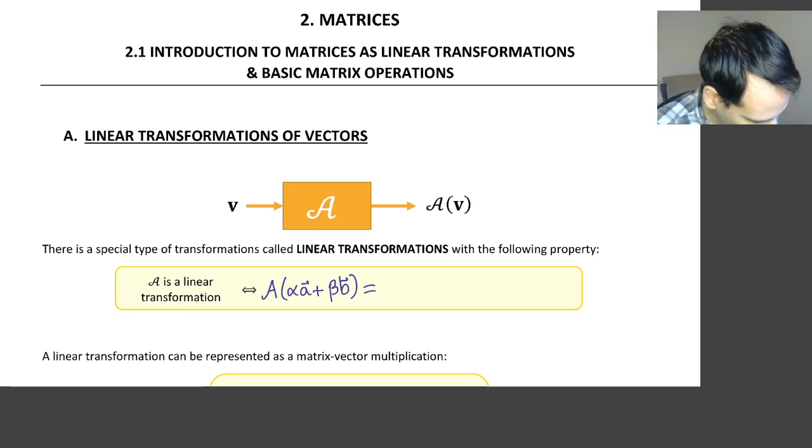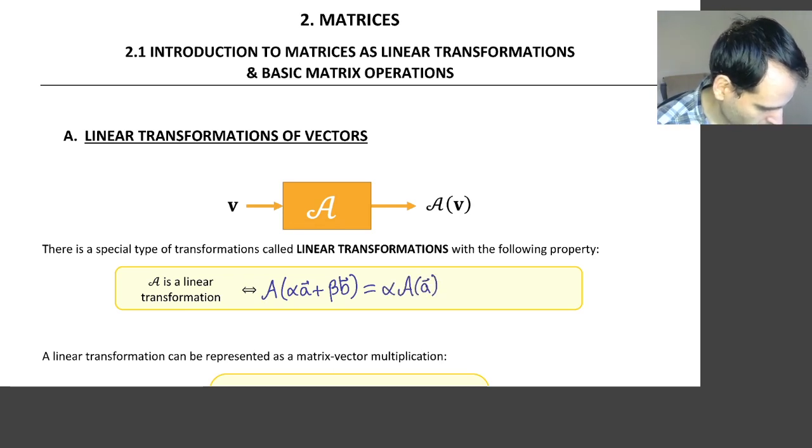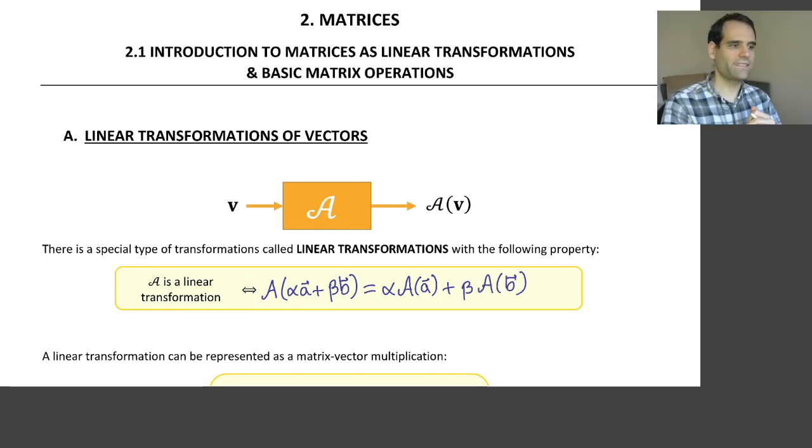So the result is alpha times the transformation of vector A plus beta times the transformation of vector B. And that's it. That's the definition of a linear transformation. If the transformation fulfills this property for every possible vector A and B, and for every possible scalar alpha and beta, then A is a linear transformation. As I explained in the video, linear transformations are the equivalent of multiplication, but acting on vectors instead of scalars.